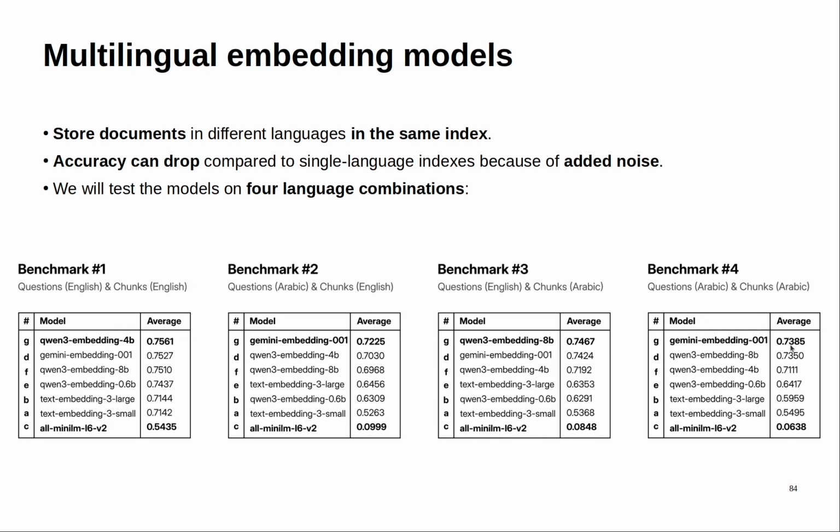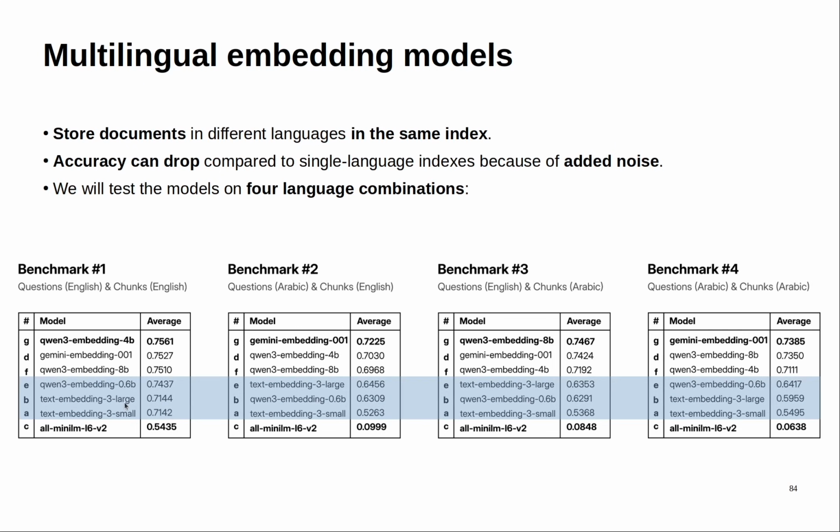This is true only for models that are trained on multiple languages. But again, if we come back to our friend all-mini LM model, we see that yes, it performed okay in the English case, but when we start to include Arabic, this model quickly starts to degrade. Here we get 0.09, 0.08, and 0.06.